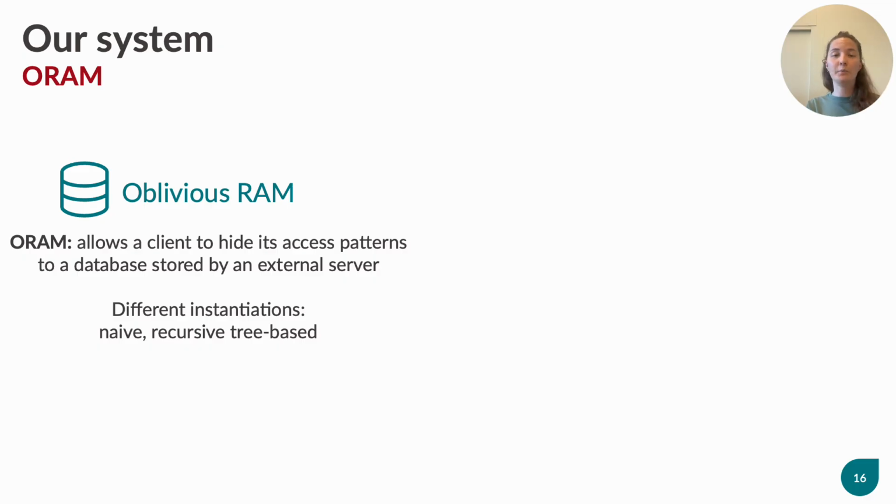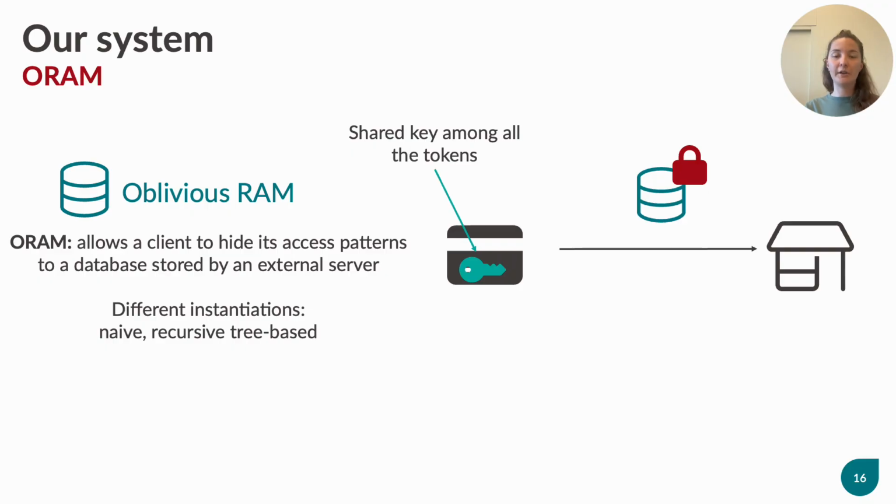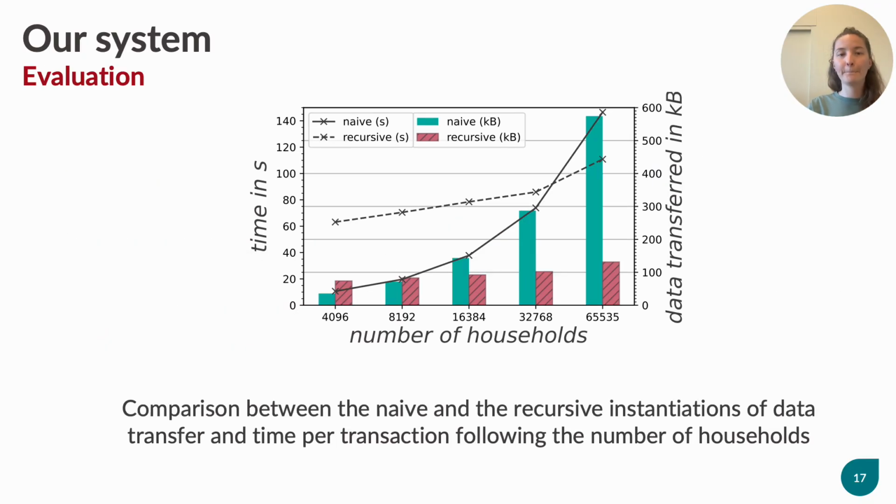And that is exactly the property we're looking for when a recipient comes to the vendor to buy goods and should update the current budget of their household without the vendor being able to see which household they belong to. We instantiate the ORAM in two different ways, naive and recursive tree-based. The naive version can be seen as we retrieve the whole database, decrypt it, and send it back after re-encrypting it. And this is something we can do because all the tokens share a common secret key.